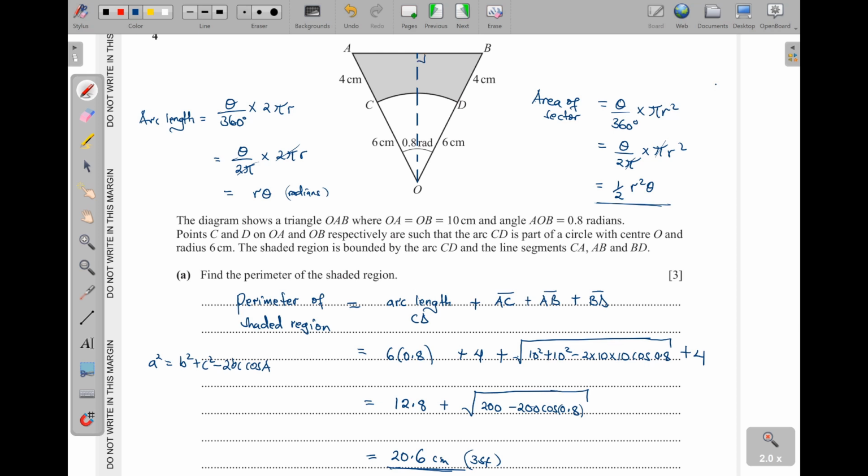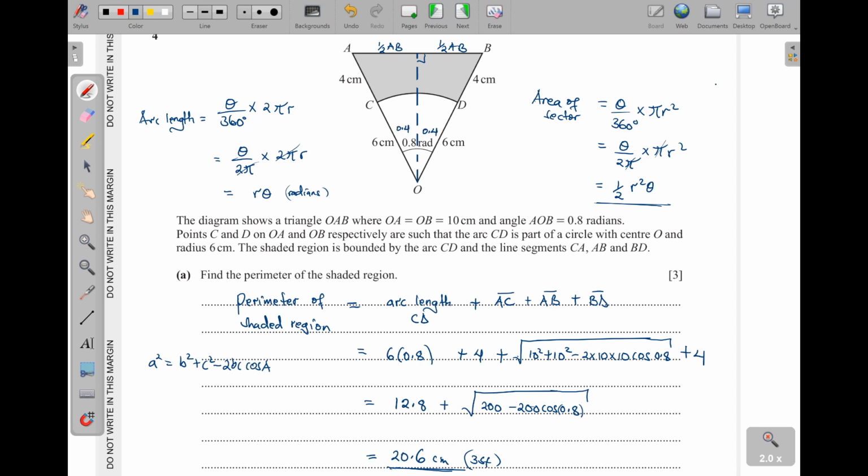Remember I want this length here, so this is a half of AB. Even this one is a half of AB. And so that means this angle here is going to be 0.4 and this one 0.4.